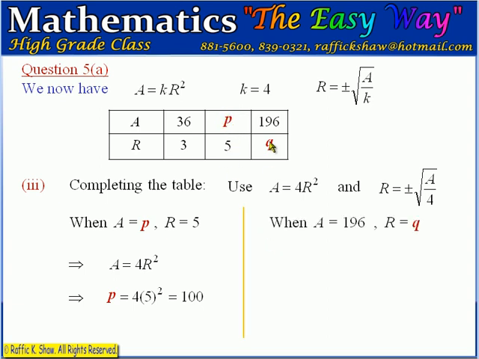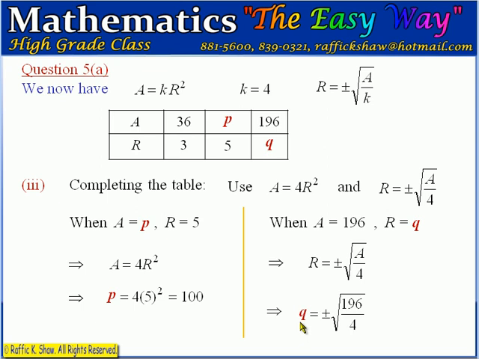And then we see here, we're trying to find the R value. When A is 196, R is equal to Q. Because we're trying to find that R value, we can use this formula. We're using this formula to find the value of Q. So we can proceed by substituting the 196 for A here and Q for R right here.